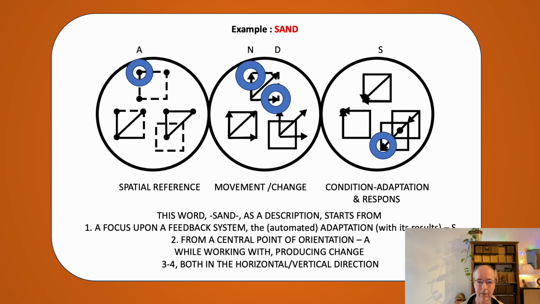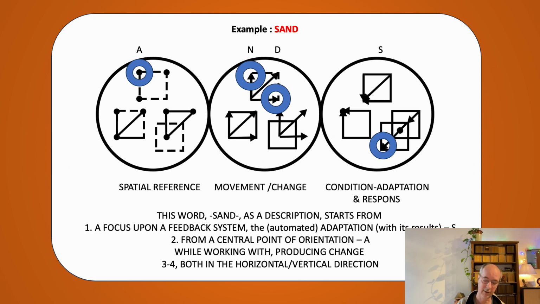It's technical and you can understand it. And this feedback system will start from the central point of orientation, the A. That's the next letter. While, of course, working with or by producing the change, because these are the two last letters, and this change will happen in the horizontal and vertical direction, or in two directions.